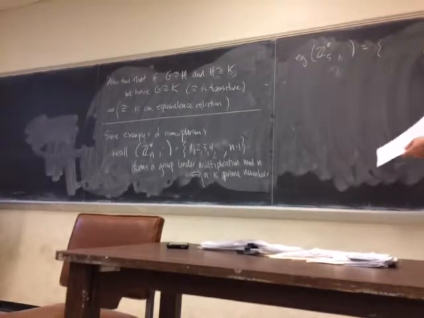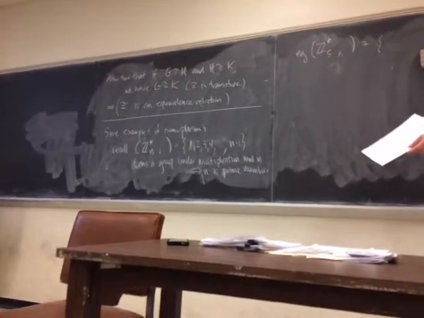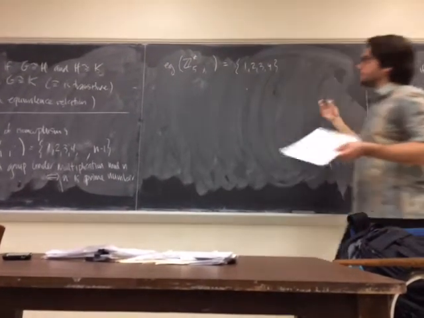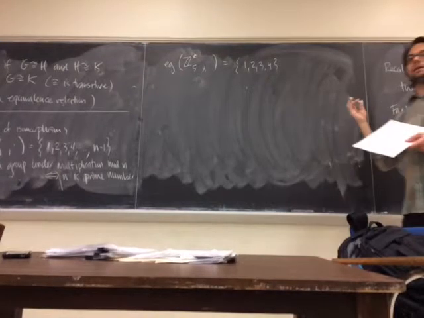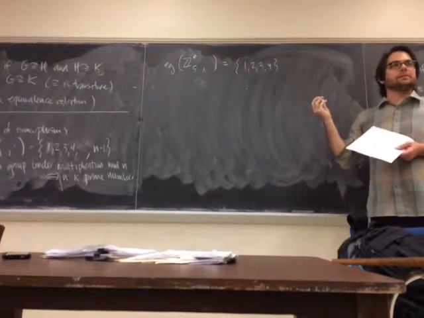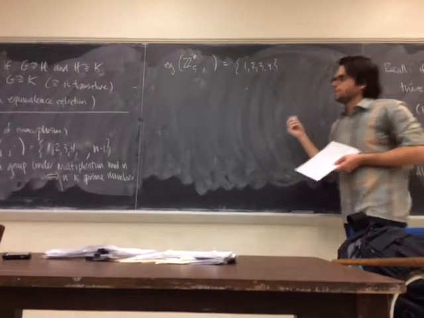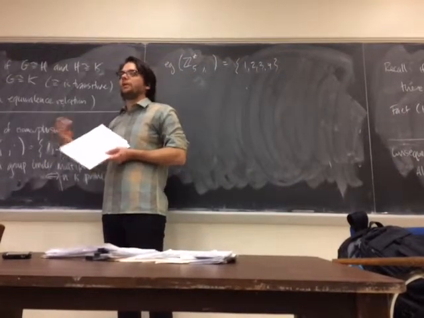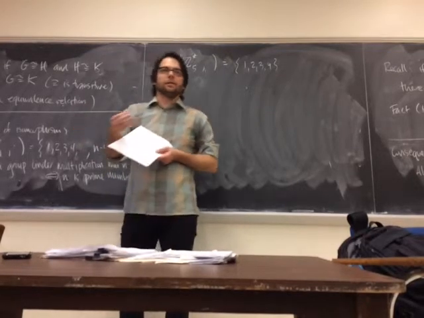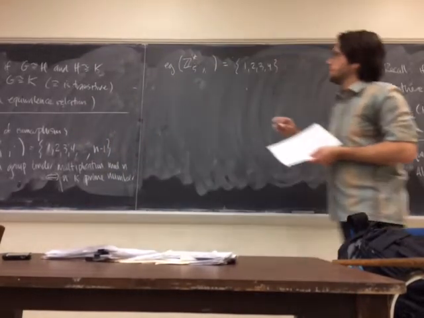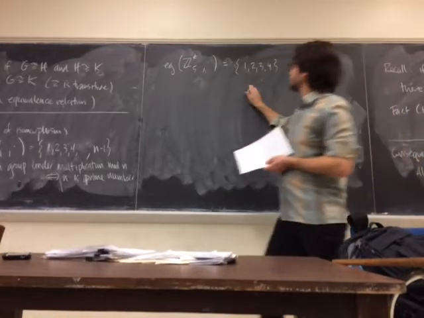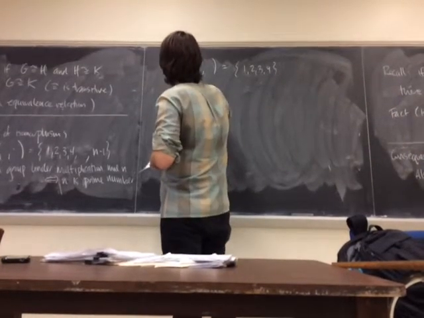What are the elements of this? 1, 2, 3, 4, there are 4 of them, and it's multiplication mod 5. What's the identity element? It's a group, so it should have an identity: 1. Now what's the problem when n is not prime? You always have the identity, so the problem must be in the inverses. And that is the case. I'm not going to say too much about that. When you're prime, everything has an inverse. We can explicitly talk about this now. So 1 is the identity.